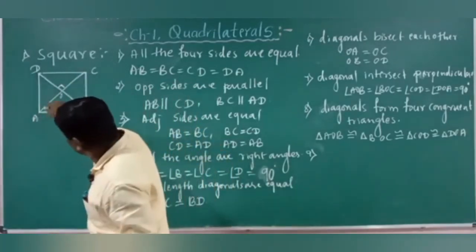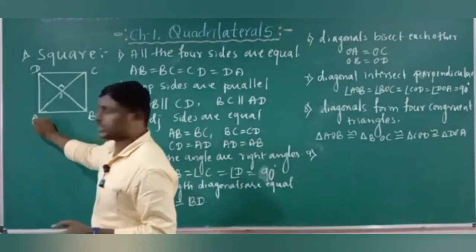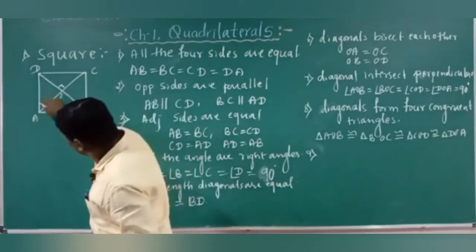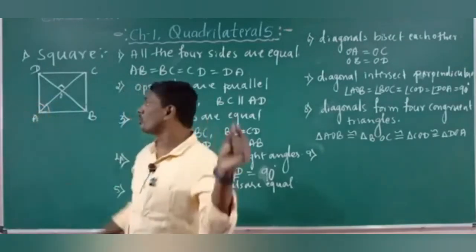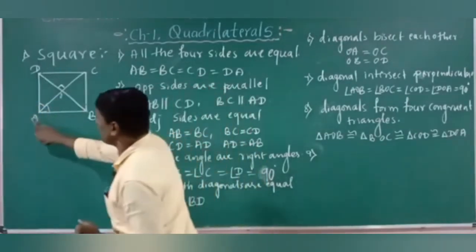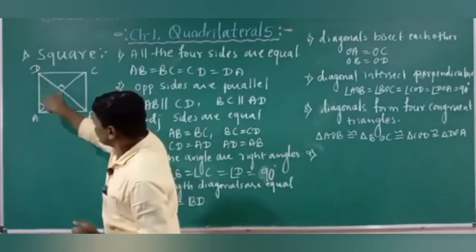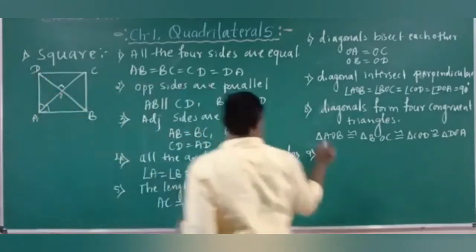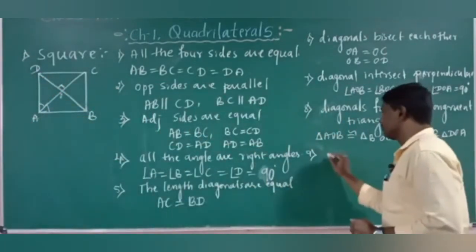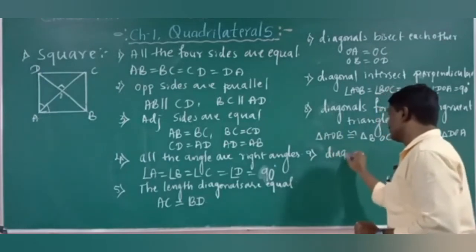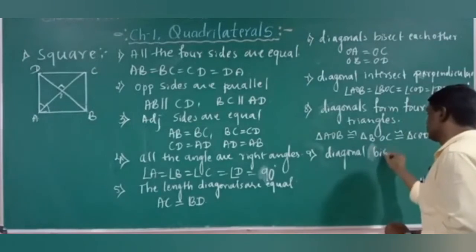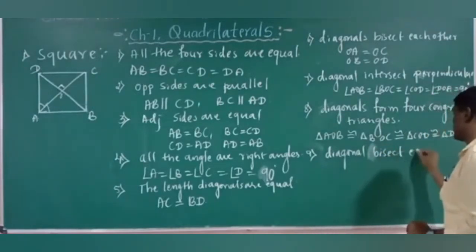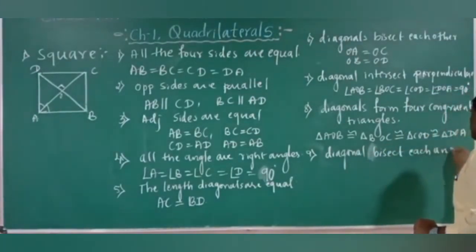This diagonal passes through the point A and it bisects the angle A into two equal parts. It means the angle OAD, if I take the diagonal bisects each angle.